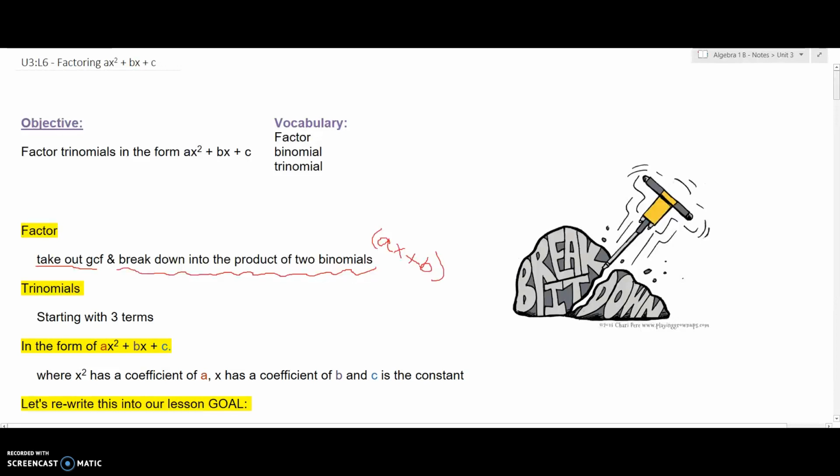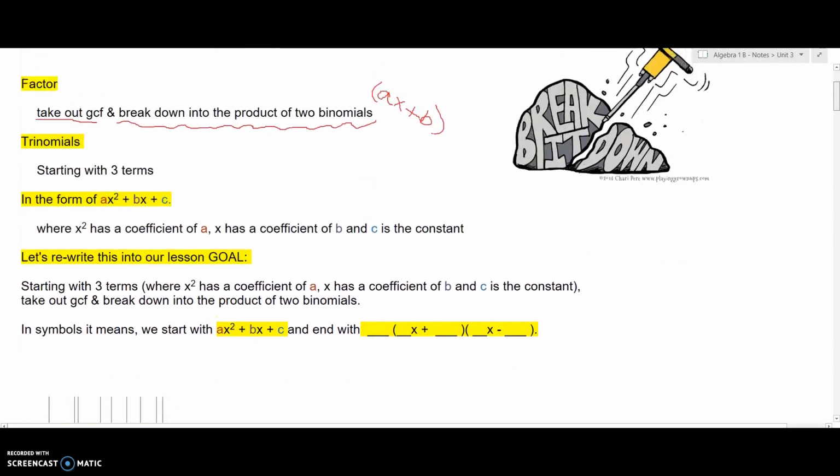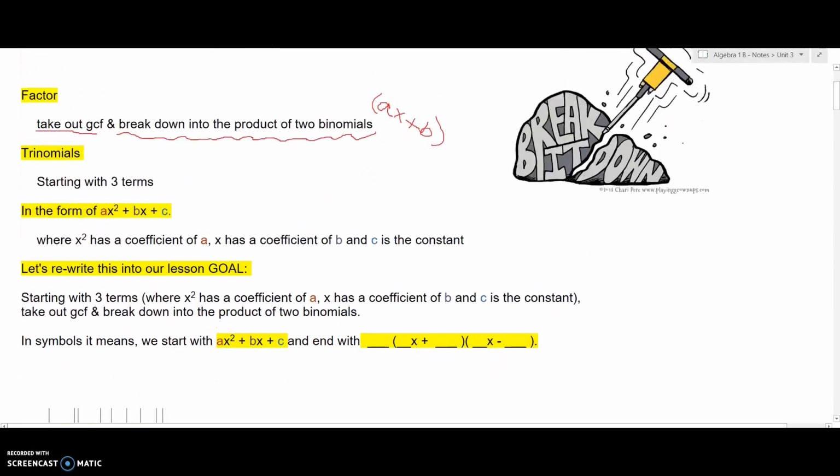So our goal today is starting with three terms, we are going to take out a GCF and break down into the product of two binomials.